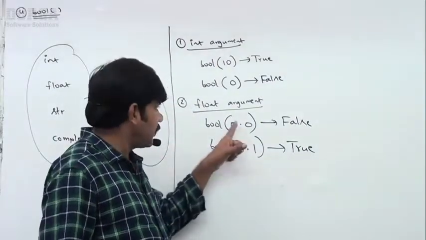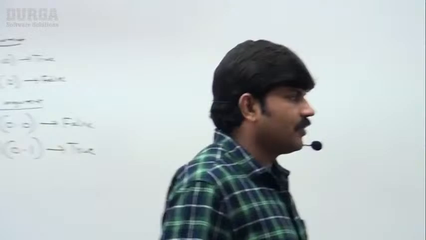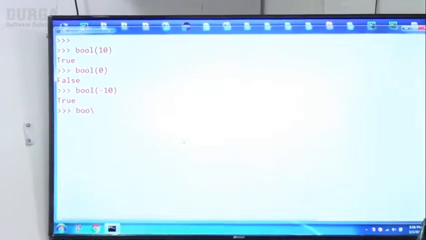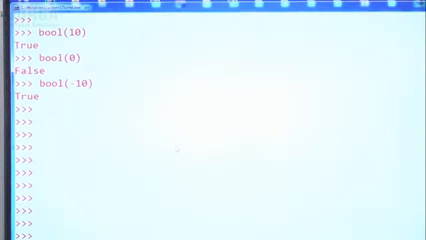Clear, right? Is any explanation required? Let me check this possibility also. Bool of 0.0. Total value evaluates to 0. That's why it is False.